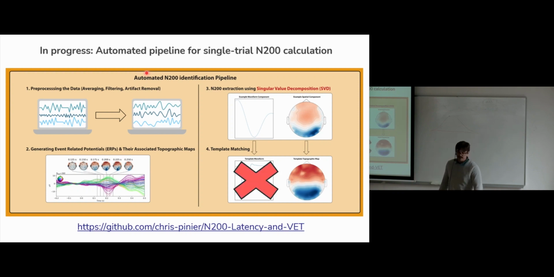I will say, though, on single trials, if you have a lot of variability, so another master's student, Ximing, is looking at a data set that we recorded where we're inducing a ton of variability into the N200. The template match in that case doesn't work so well because this waveform really varies in where it peaks in time. So in that case, you would just use the scalp map.